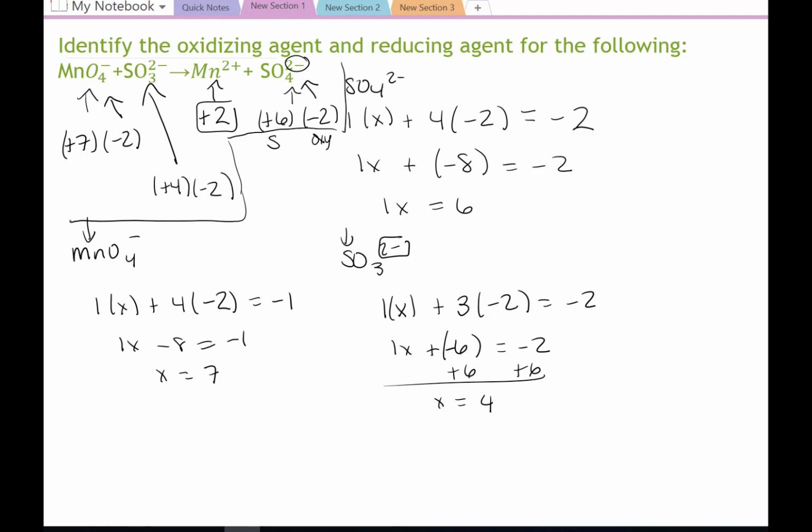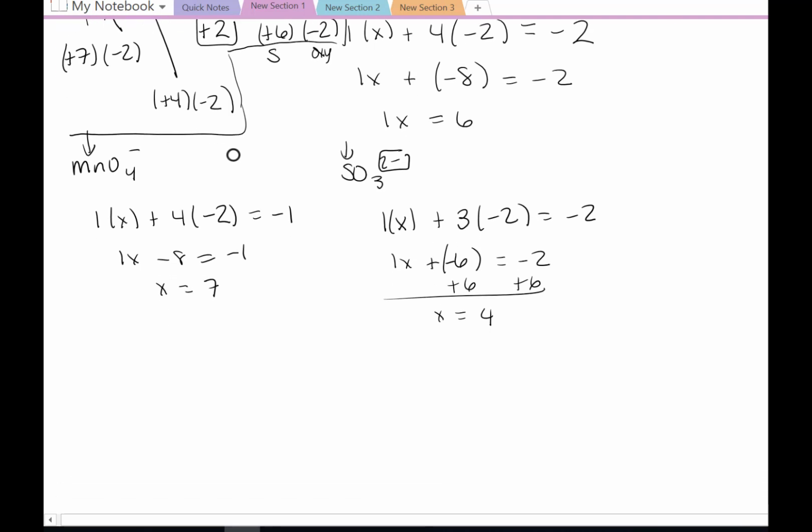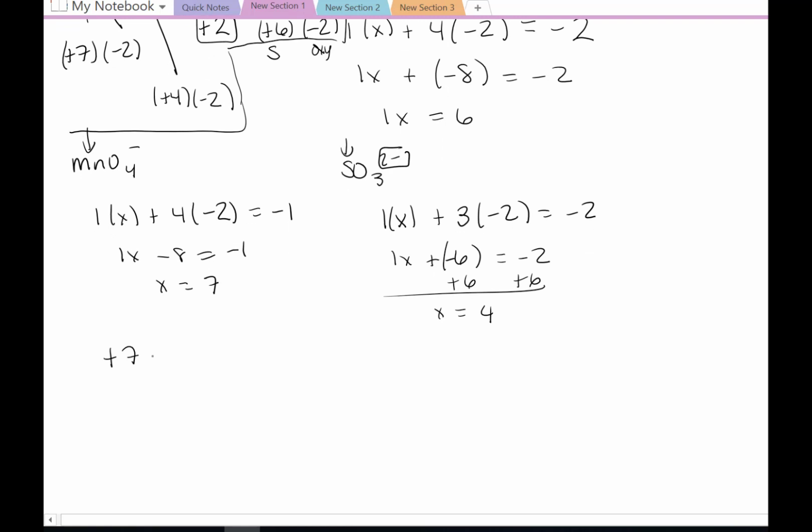So we're looking at Mn and S. So we notice that Mn went from +7 to +2. So if it's going from +7 to +2, that means it's being reduced.